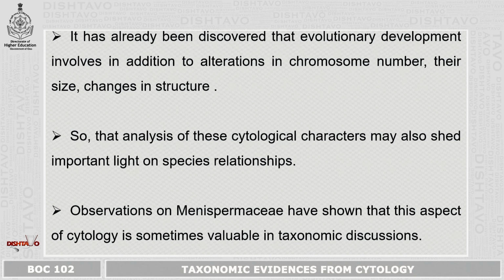It has already been discovered, students, that evolutionary development involves, in addition to alterations in chromosome number, changes in their size and structure. So the analysis of these cytological characters may also shed important light on species relationships. Observations of many Spermatophyta have shown that this aspect of cytology is sometimes valuable in taxonomic discussion.